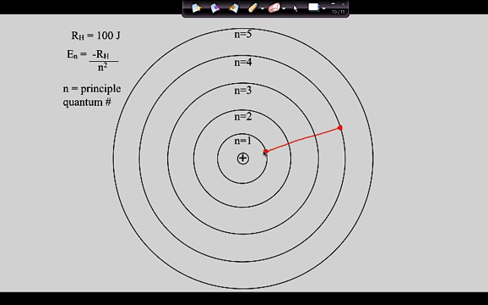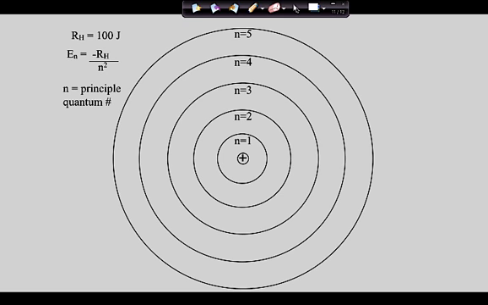Now, in order to know that answer, what do we need to know? The energies of the energy levels. In order to figure that out, what we need is the Rydberg constant and this simple equation. So this is the way this goes. How much energy does energy level 1 have?